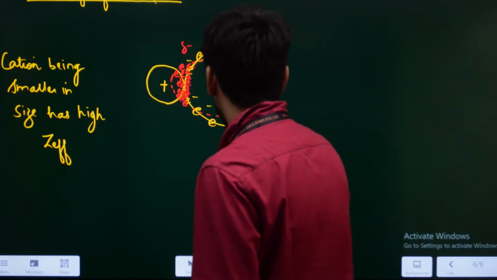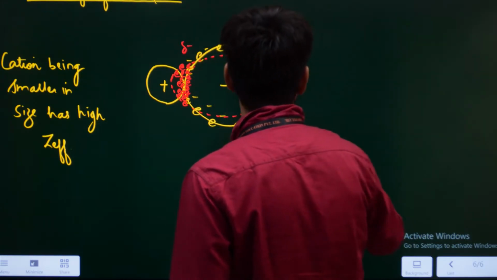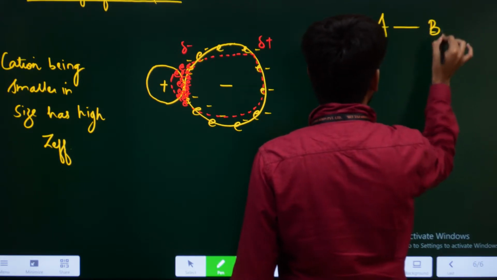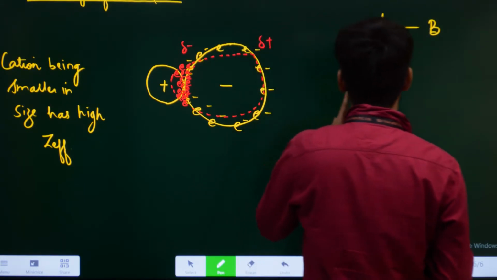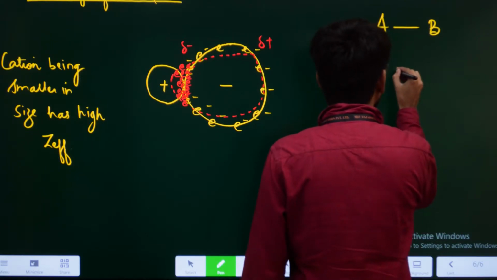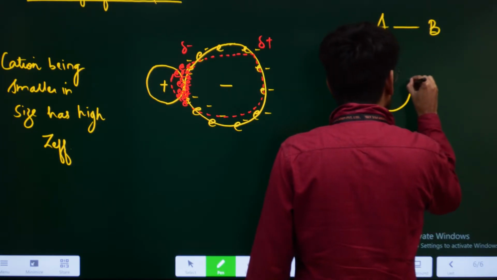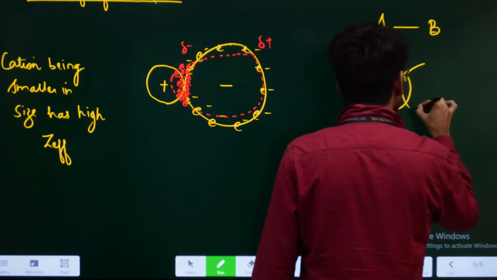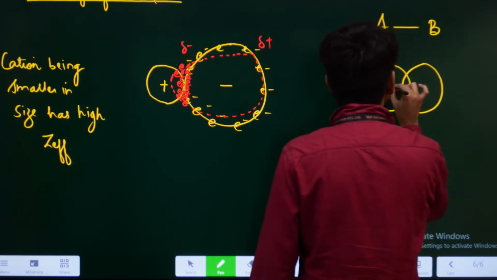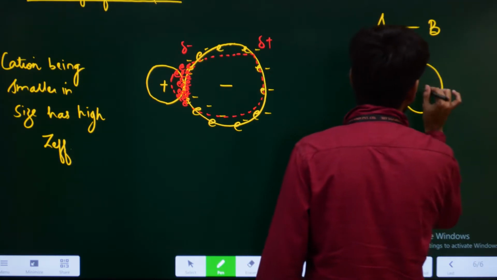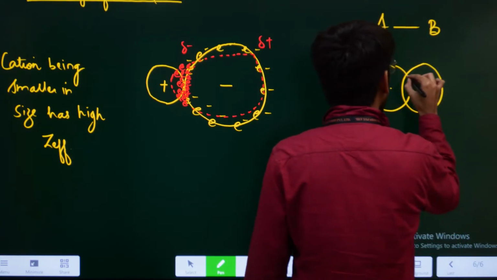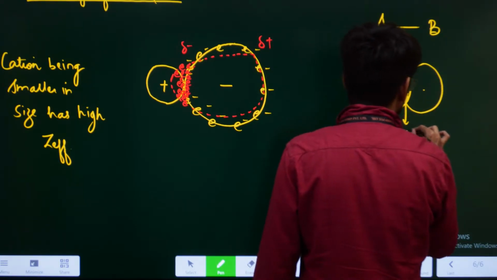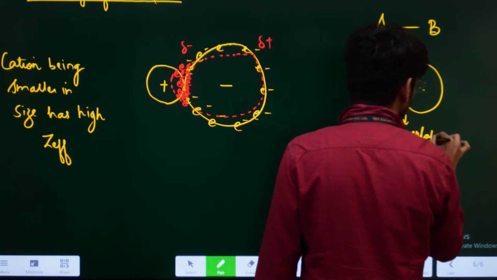Now, let me consider a covalent bond AB. The half-filled atomic orbital of A overlaps with the half-filled atomic orbital of B. This is the nucleus of A, this is the nucleus of B, and this is my overlapping region.